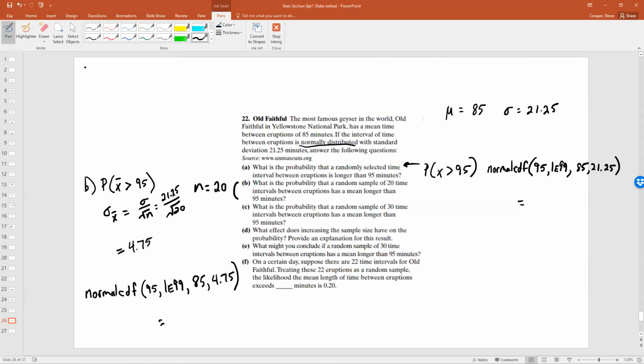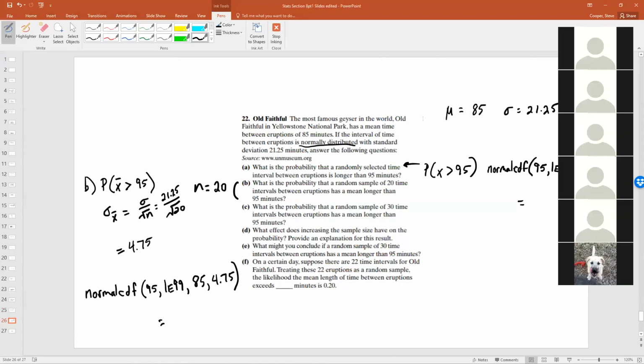I'd say a randomly selected one. Okay, and what's your reason there? Because the standard deviation is higher. Okay.